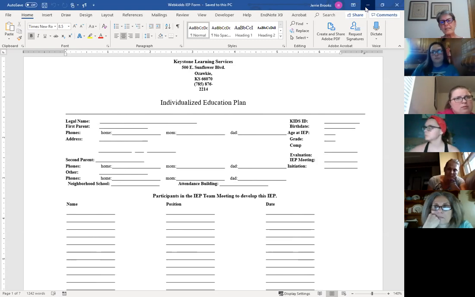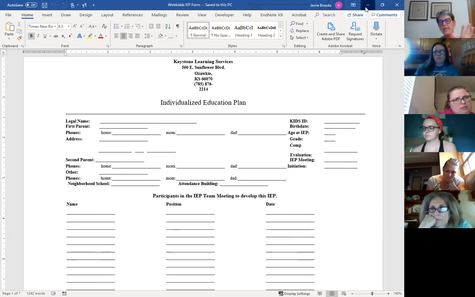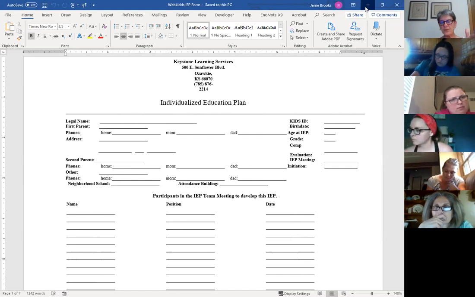Where it says first parent, second parent, if the parents live in the same household, their names go on the same line. But it's not Mr. and Mrs. John Doe, it's John and Shirley Doe, or whatever. If they live in the same house. If they live separately, or if they're divorced or whatever, that's when you separate them and you fill out the information separately.